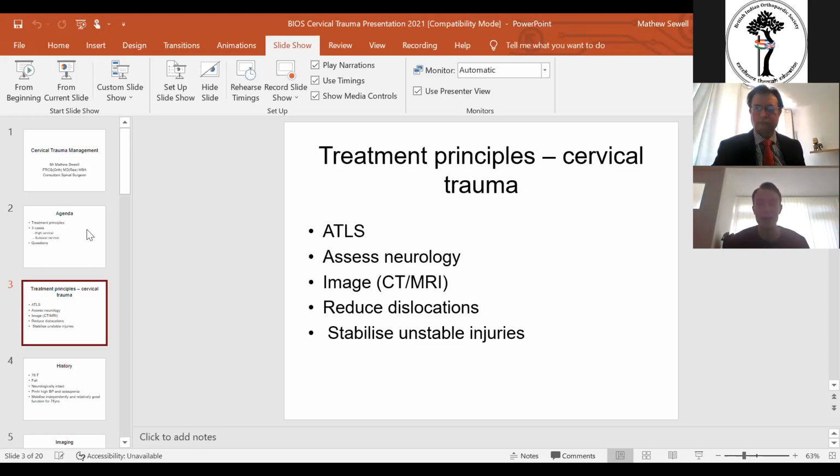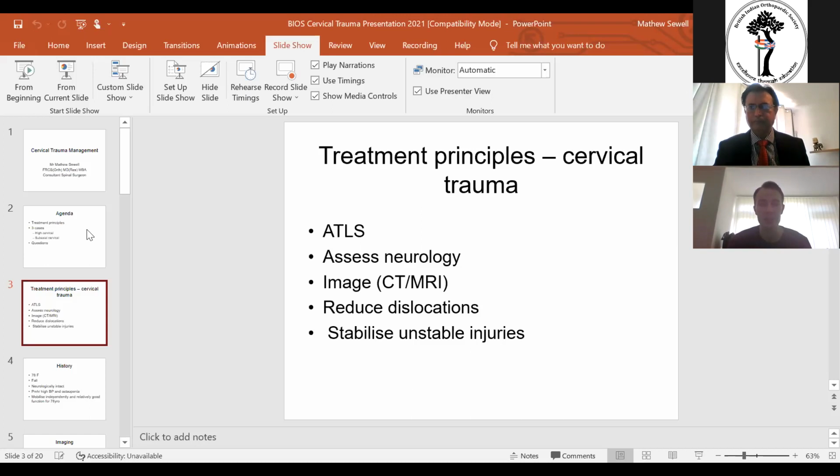You should then think, have I got the appropriate imaging to manage this patient? Virtually all cervical trauma requires a CT and an MRI. Look for dislocations. If there are dislocations present, you want to reduce them, and reduce them early.